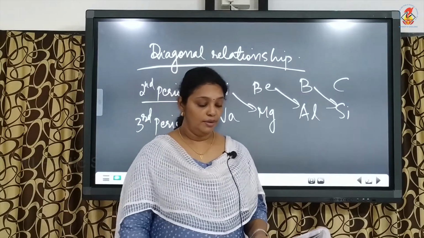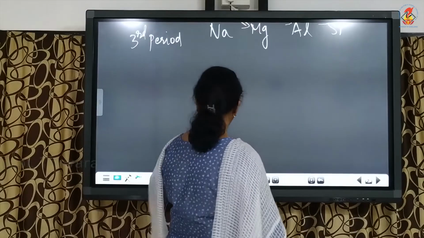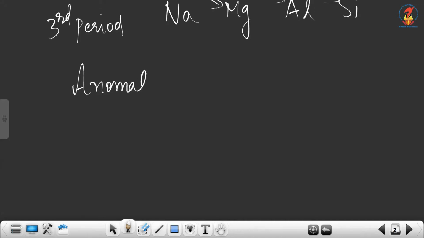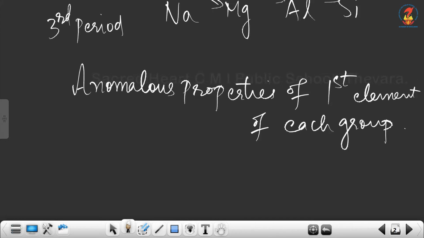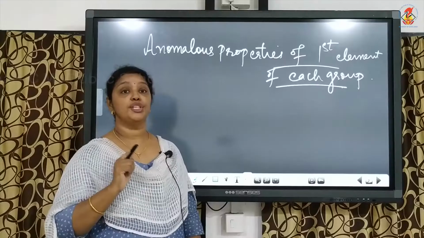Okay. Now next we have another term, that is anomalous properties of the first element of each group.